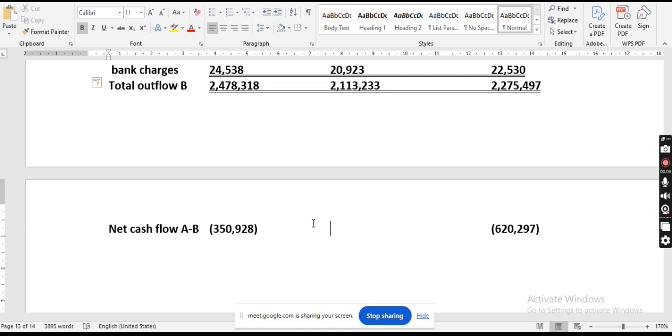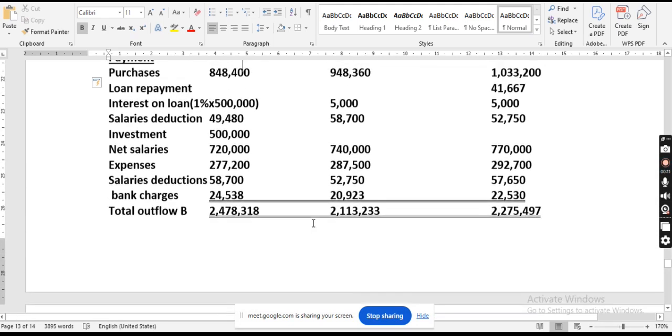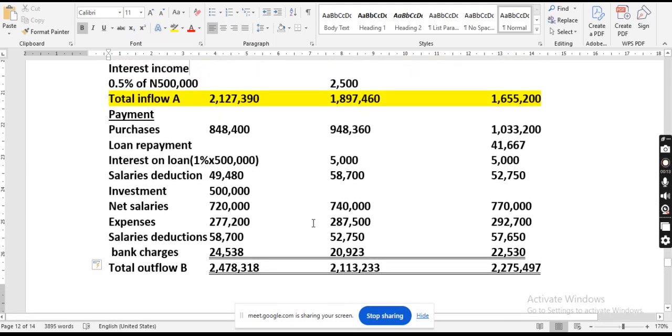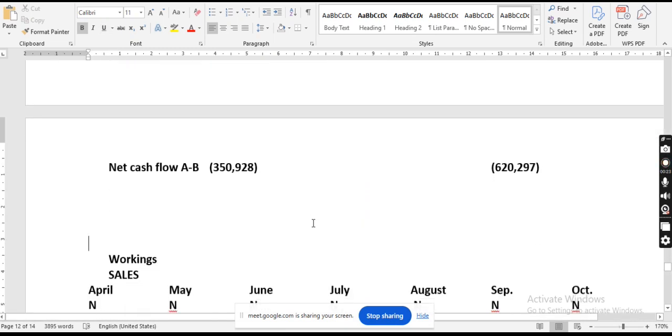What do you have in August? Please help us to scroll up so that we can see the inflow. You have negative 215,773.